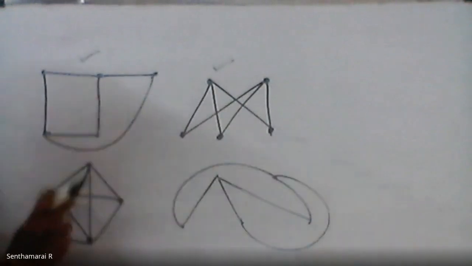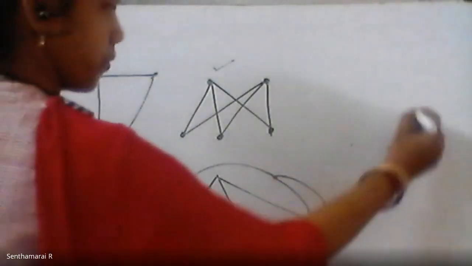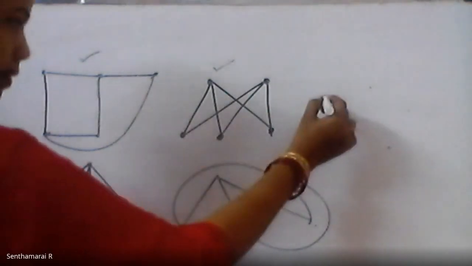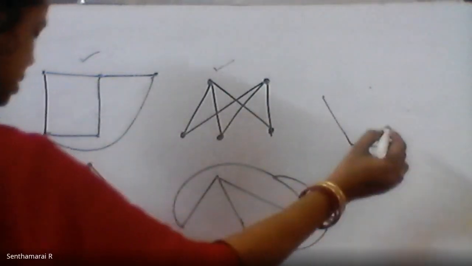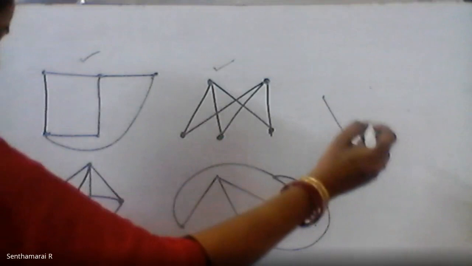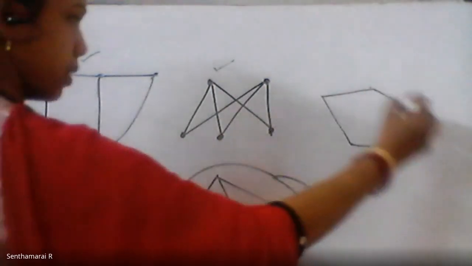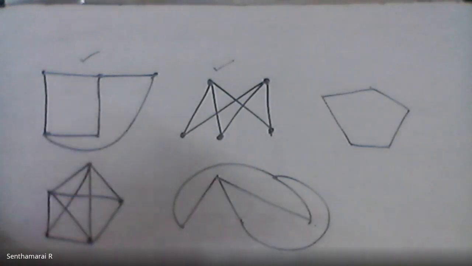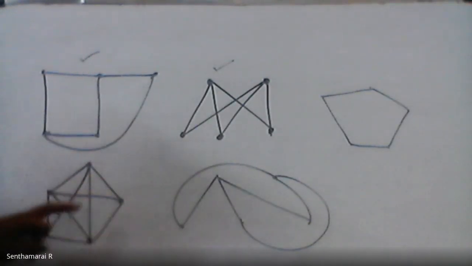What about this one? When we mark 5 vertices like this, the adjacent vertices all are connected like this. One cycle is completed. We have to draw 4 more edges.